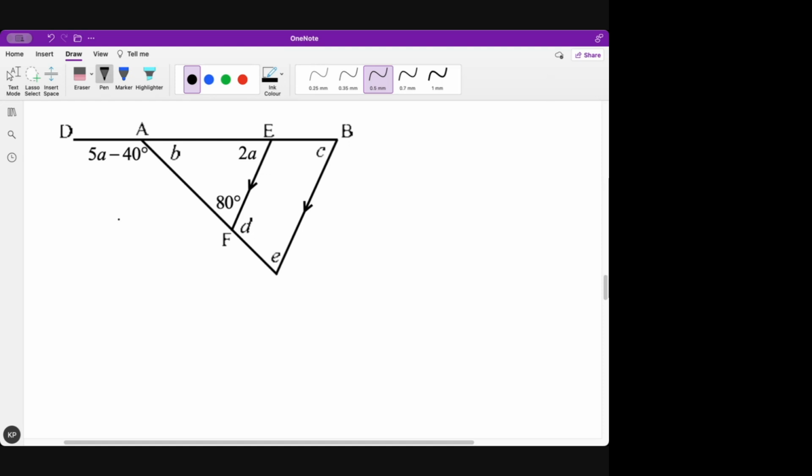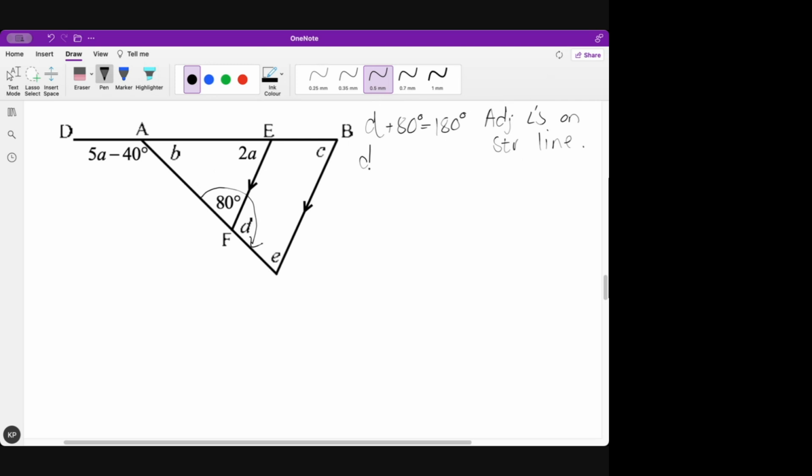There we go. Adjacent angles on a straight line. 80 degrees is adjacent to D. So look here, that way. I can say angle D plus 80 degrees is 180 degrees, and my reason is they are adjacent angles on a straight line.